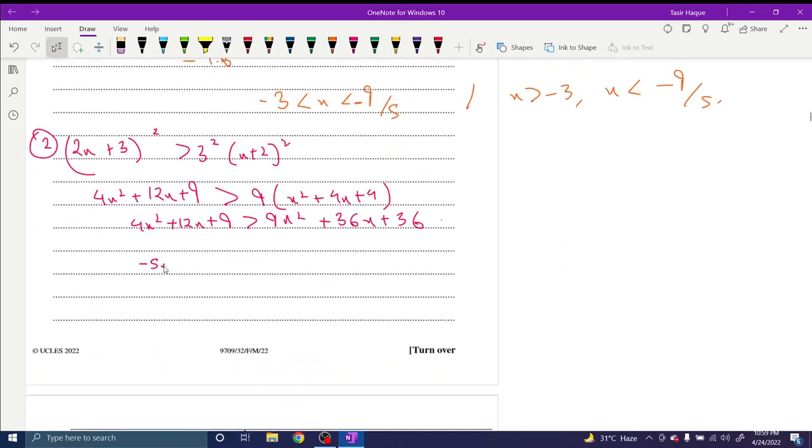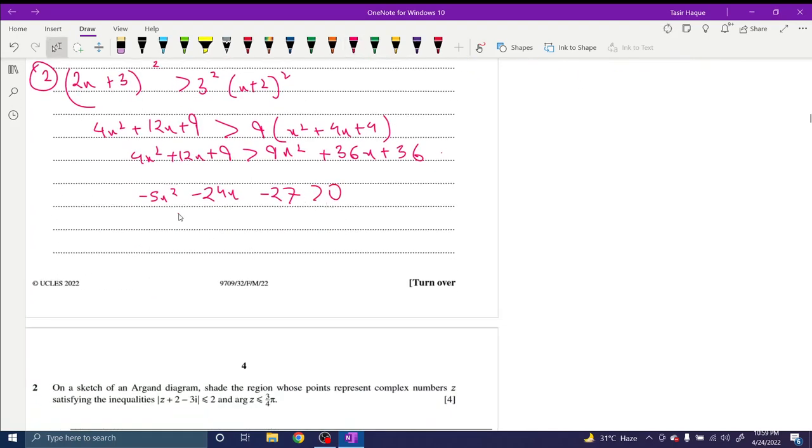Or minus 5x square minus 24x minus 27 is greater than 0. So if we change signs, we end up with 5x square plus 24x plus 27 is less than 0. This is our end result.